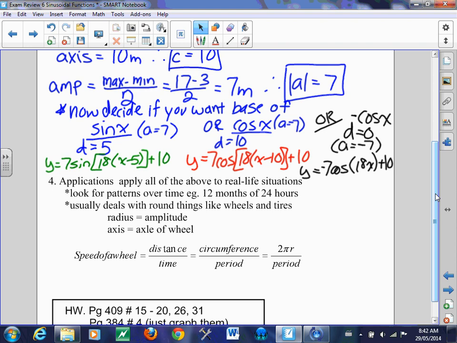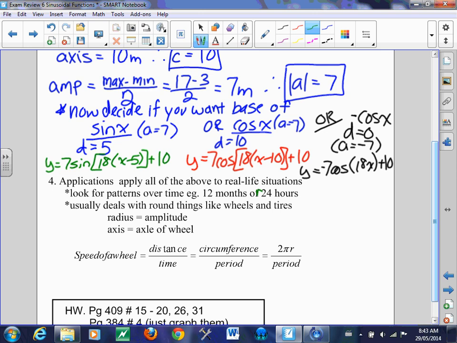All right. For applications, apply all of the above to real life situations. Look for patterns over time, for example 12 months or 24 hours. Usually it deals with round things like wheels and tires.